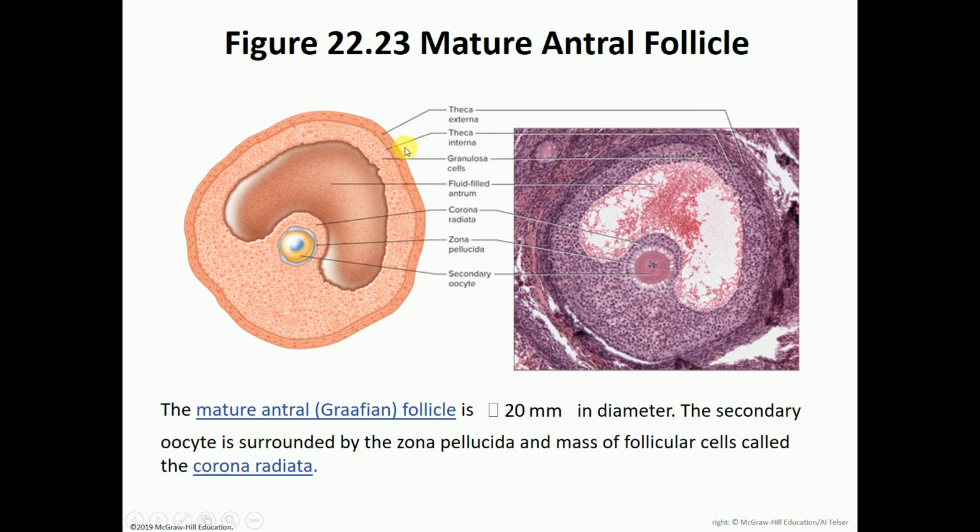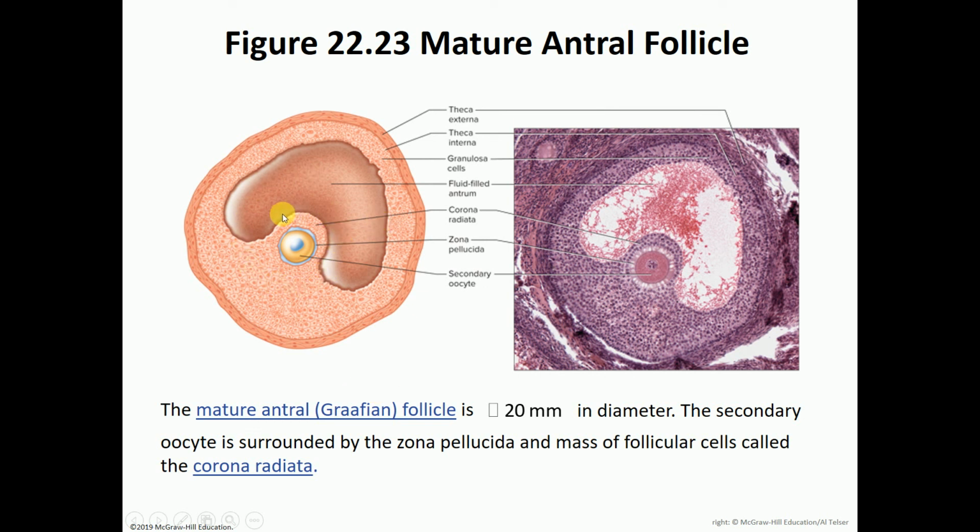That is a connective tissue covering, protective of the follicle. And then on the inside, you have theca interna cells, and these cells produce steroids. These steroids will diffuse into the granulosa cells. These granulosa cells have an enzyme known as aromatase enzyme that will convert the steroids into estrogen.